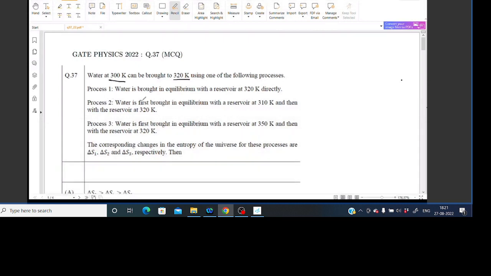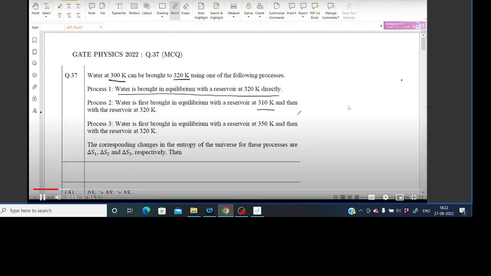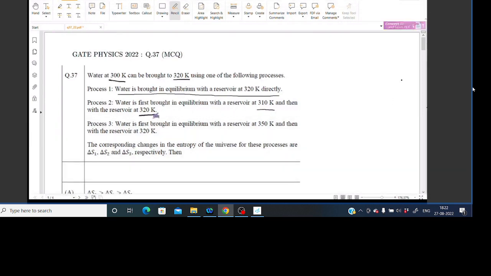In process 1, the water is brought in equilibrium with a reservoir at 320 Kelvin directly. In process 2, the water is first brought in equilibrium with the reservoir at 310 Kelvin and then with the reservoir at 320 Kelvin.